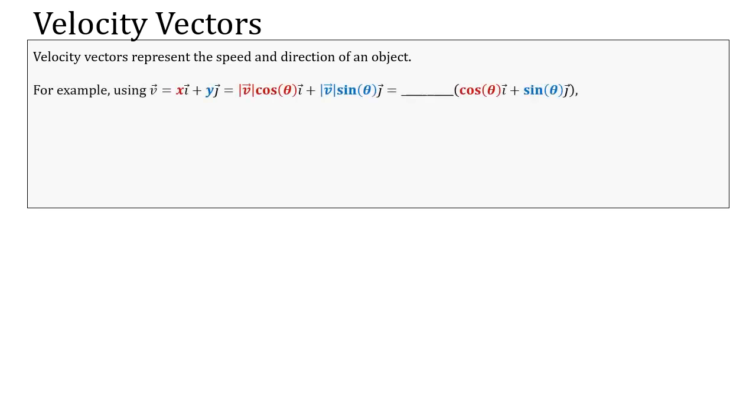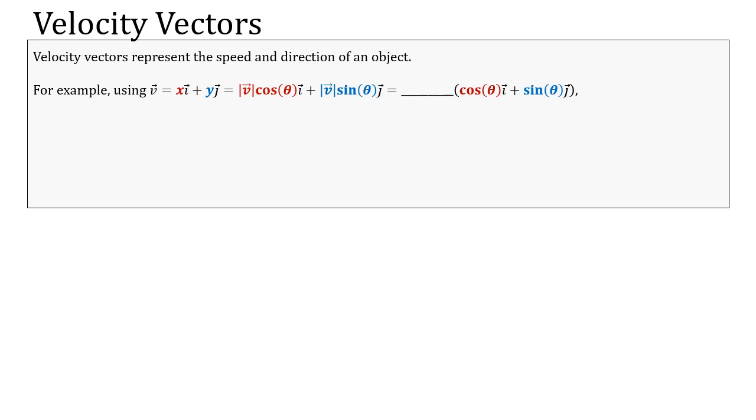So, for example, using the equation that we saw in a previous video, where the vector is equal to x times unit vector i plus y times unit vector j, we were able to say that that is equal to the magnitude of the vector times the cosine of theta times unit vector i plus, again, the magnitude of the vector v times the sine of theta times unit vector j.